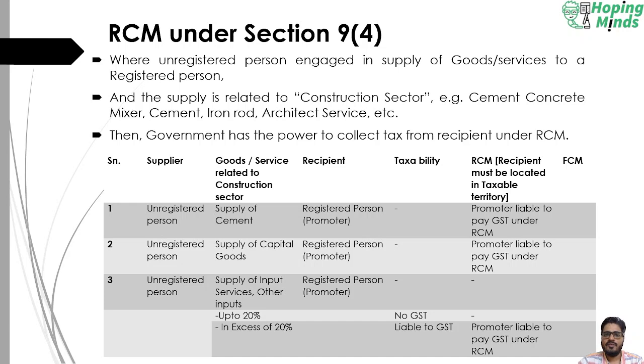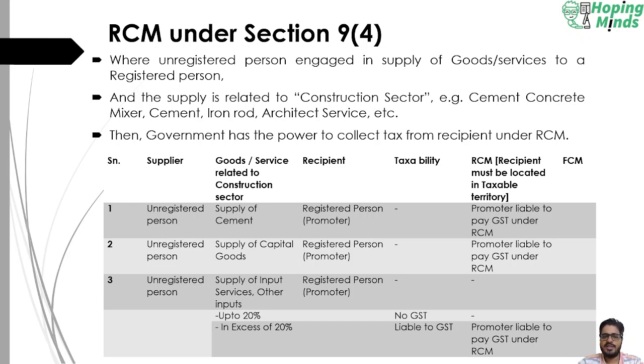So where an unregistered person is engaged in supply of goods or services to a registered person and the supply is related to the construction sector, that is cement, concrete mixer, iron rod, architect services, etc., then the government has the power to collect tax from the recipient under the reverse charge mechanism. So in today's scenario, in relation to the construction sector, we have the following scenarios.